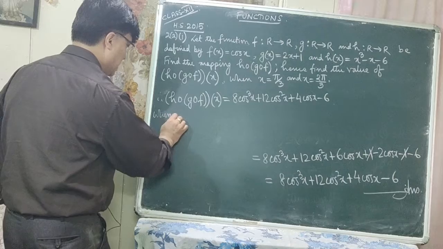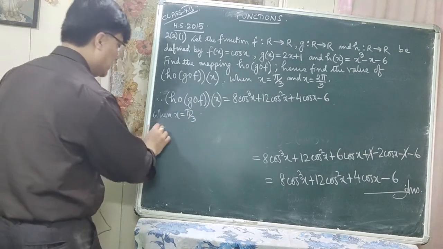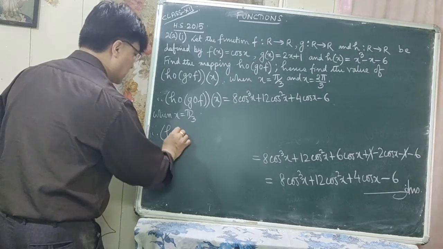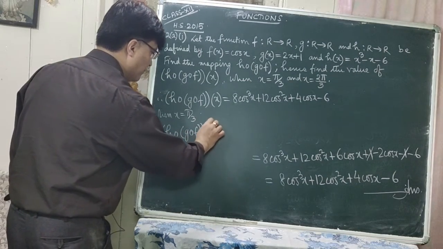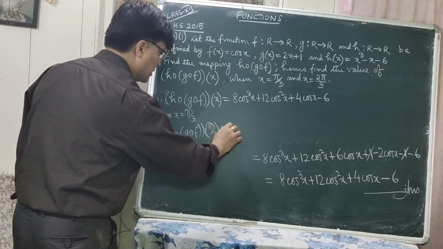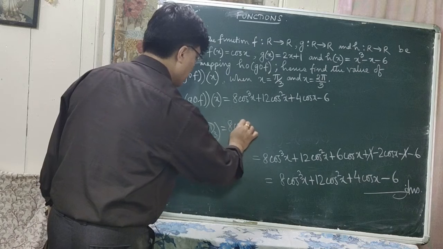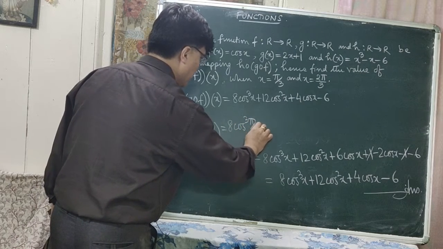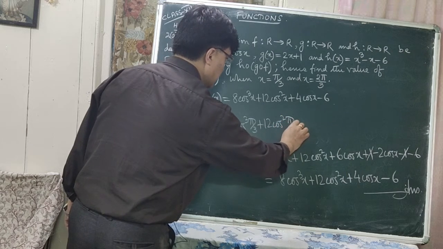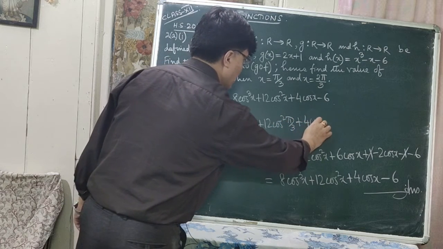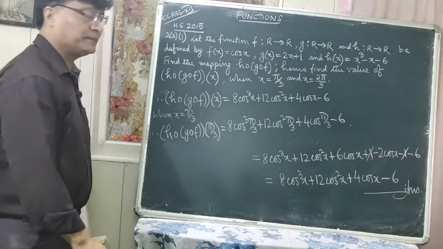So therefore h of g of pi by 3, now instead of x you put pi by 3, so it is 8 cos cube pi by 3 plus 12 cos square pi by 3 plus 4 cos pi by 3 minus 6.